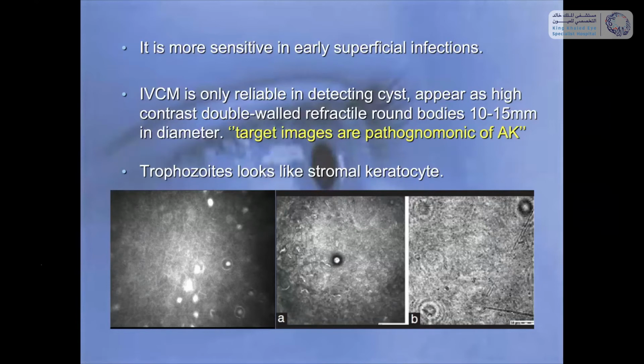And this is what we call the target image. These are the target images. As you can see here, these are pathognomonic for Acanthamoeba keratitis. Trophozoites usually look like stromal keratitis and don't help in diagnosis.